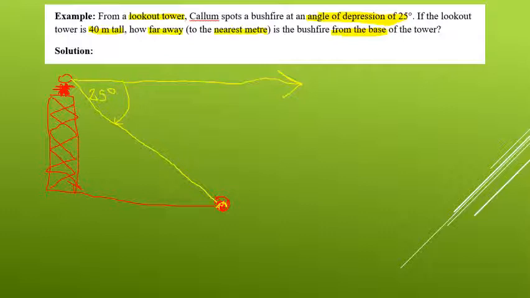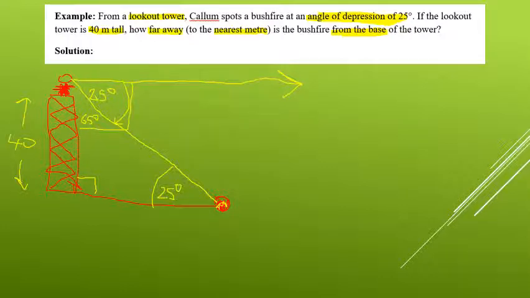The tower is 40 metres high, so this is 40 from here to here. If you use the triangle inside here, that would be the right angle triangle, the tower and so on. Using our alternate angles, that angle of depression is outside this triangle, so that would be 25 there, or you could say that's 65 there because those two angles add up to 90.